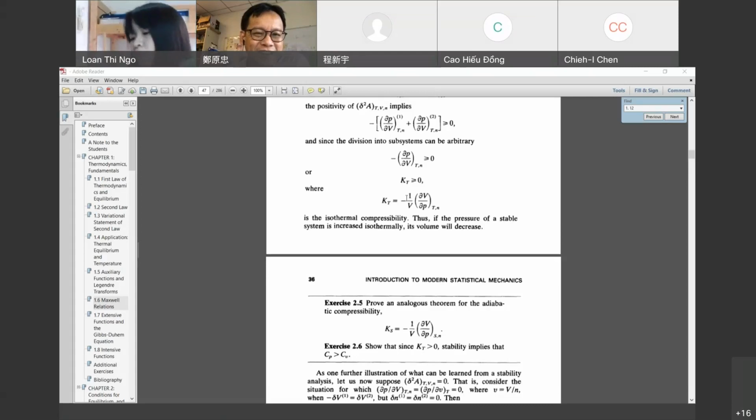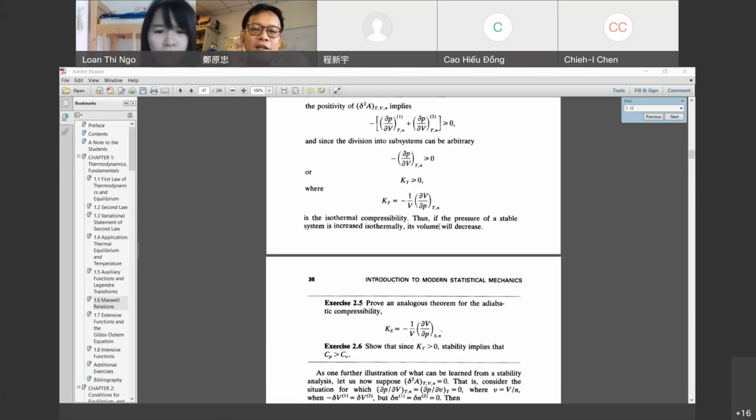So we already have KT, right? We can use it, but you cannot use KT to prove a relationship with KS. The idea is that you want to find something that uses entropy as a natural variable.